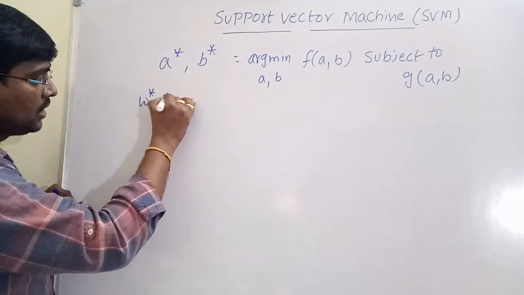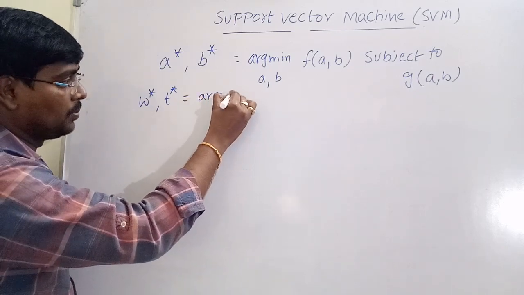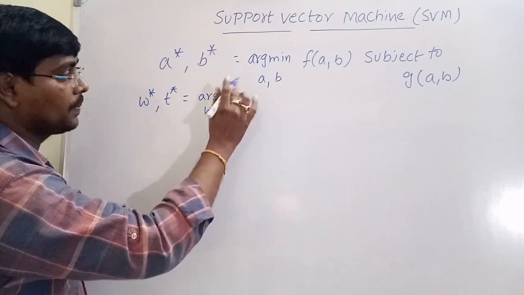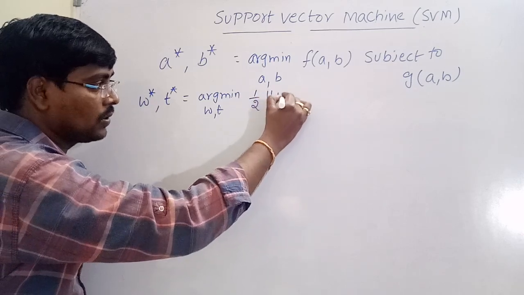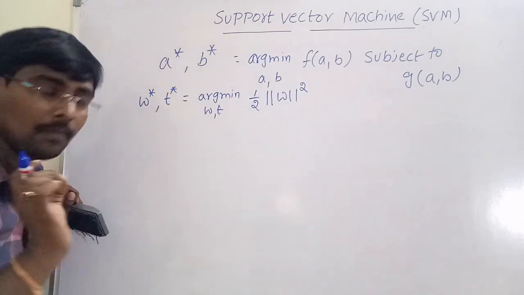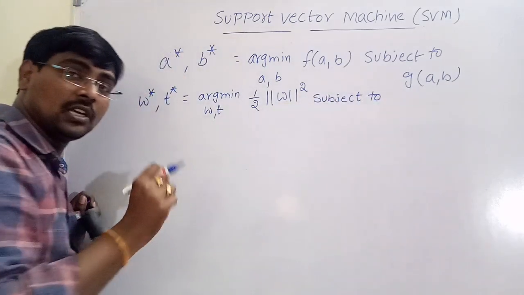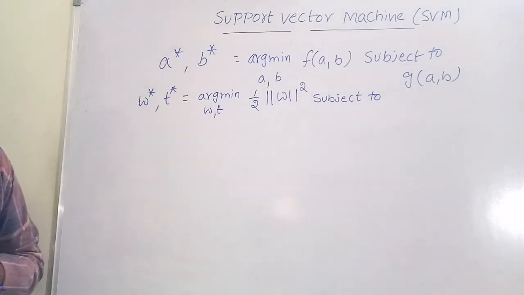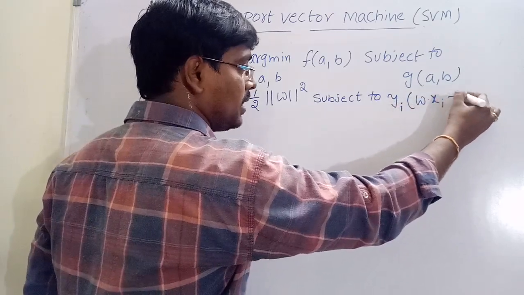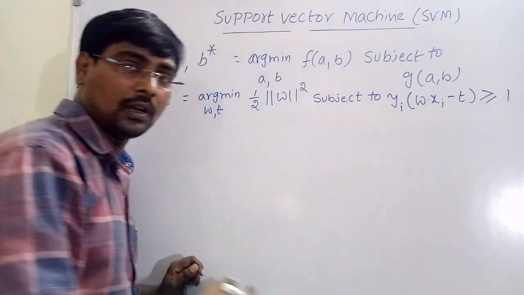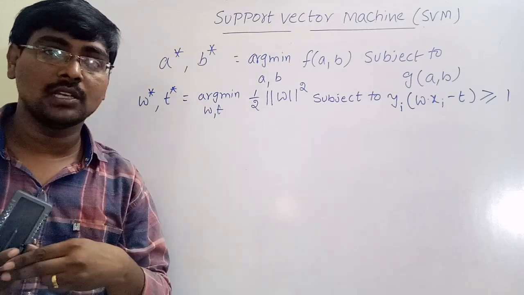W star T star is equal to, our parameters are W and T, argmin of W comma T, f of A comma B. What is our function? 1 by 2 mod W square, subject to yi into Wxi minus t greater than or equal to 1. We already derived this formula. Okay, this is the constraint optimization problem.